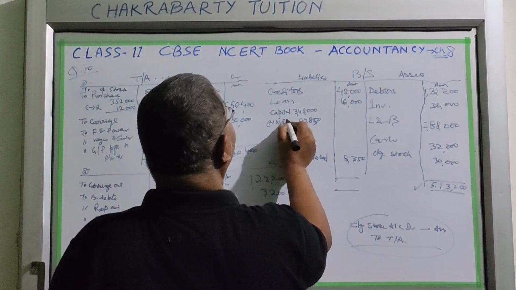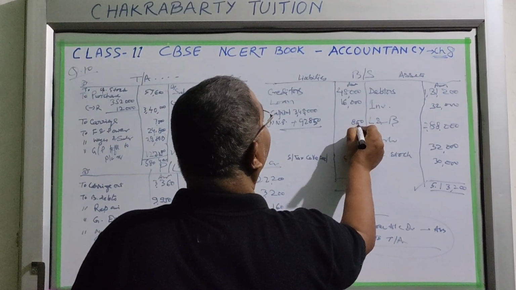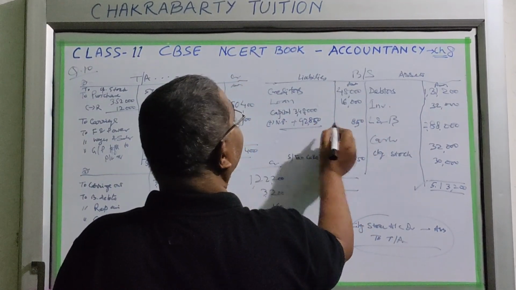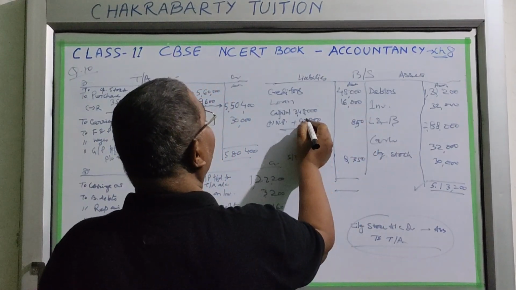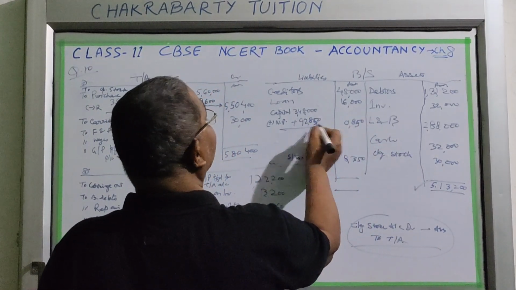It will be added to the capital. So 850 will come here. Okay, and write the amount clearly, otherwise you cannot read it yourself after some time.